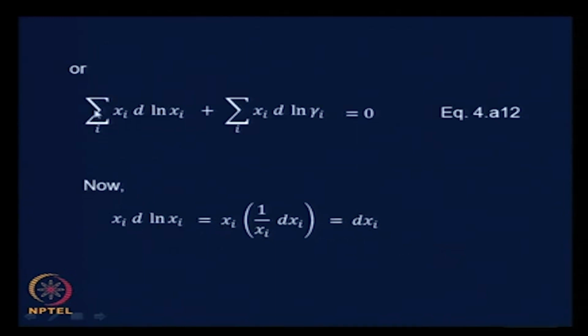Before that, let us call this equation 4a13. Now if we take the sum over all i's with the note that the sum of all mole fractions is 1, which is a constant.